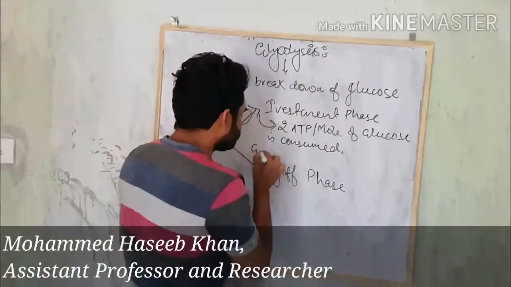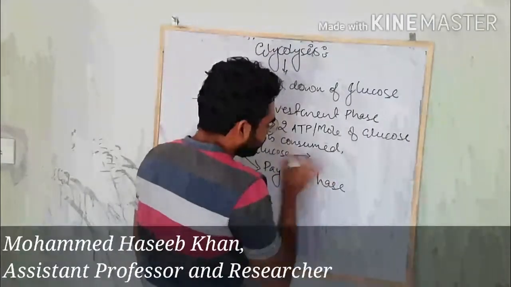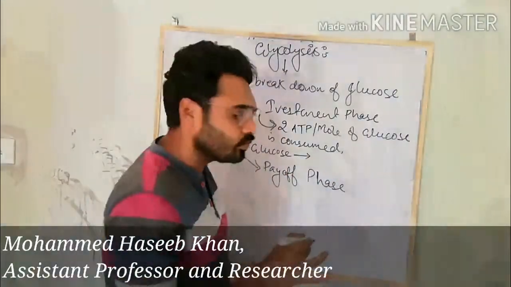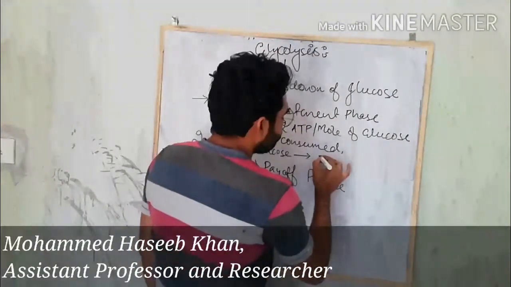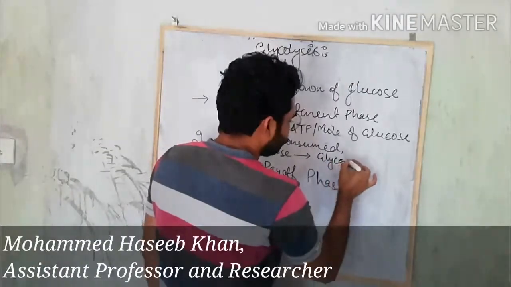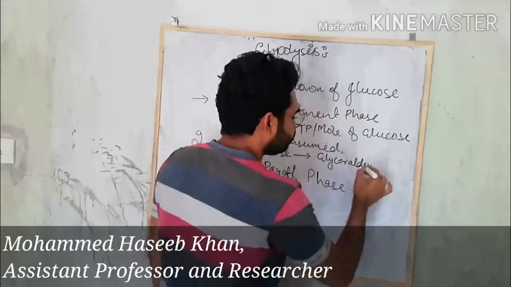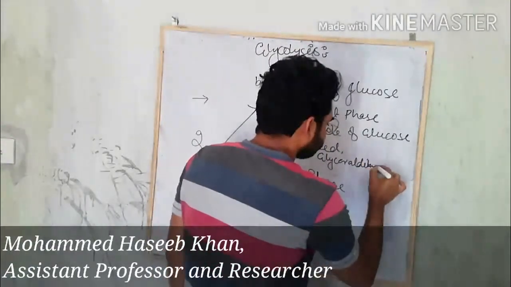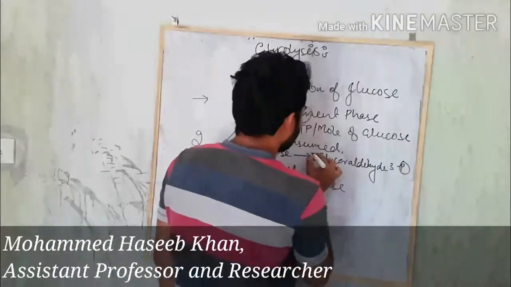And what exactly happens in the investment phase, or the first half of glycolysis? The glucose gets converted into glyceraldehyde 3-phosphate, that is 2 molecules.